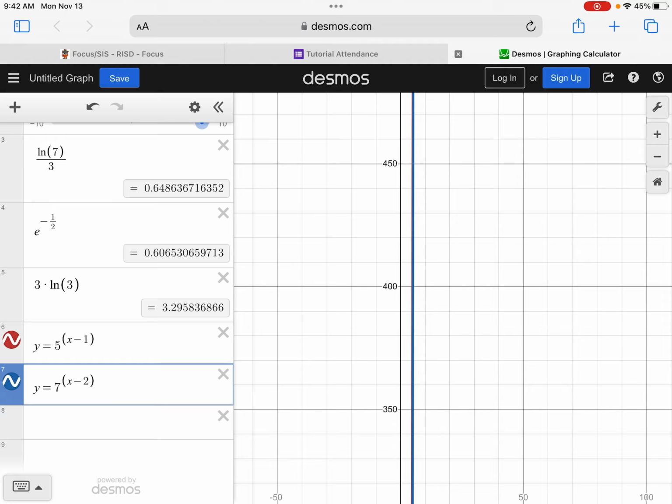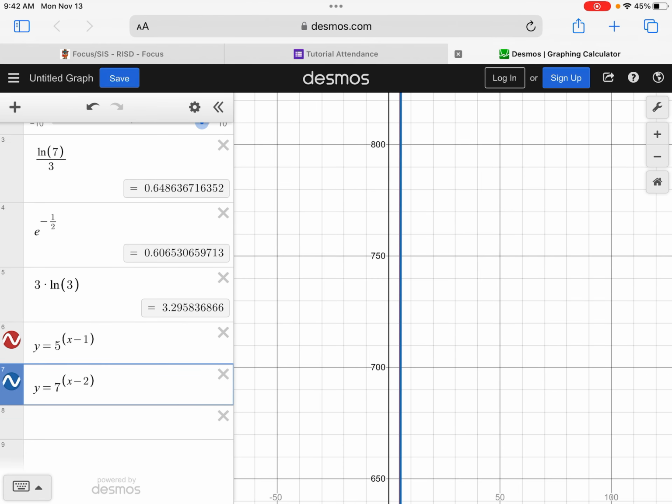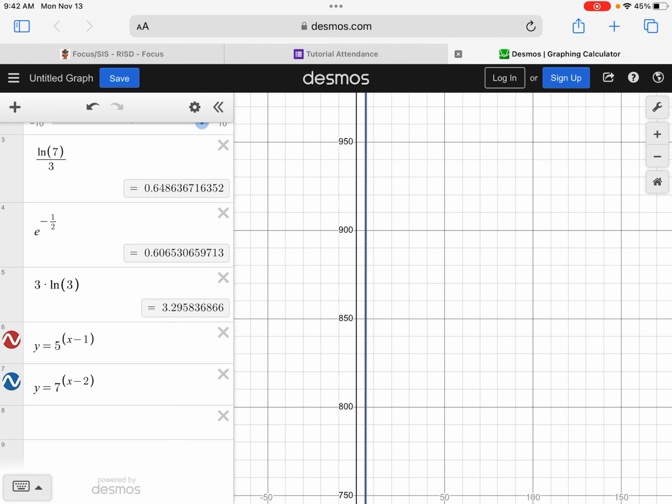If you touch on Desmos, it will show you where that solution is when you get close enough to it. I didn't think it was that high. It is.